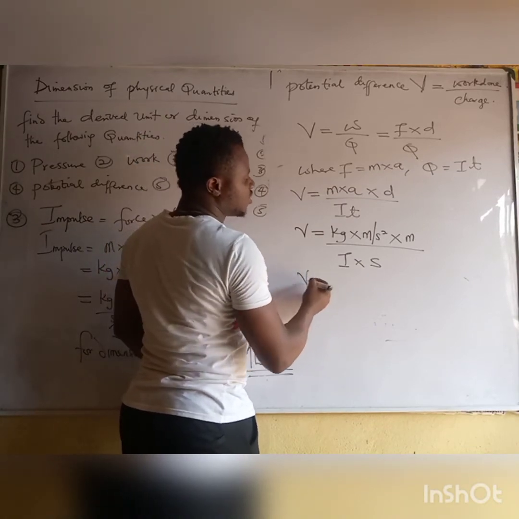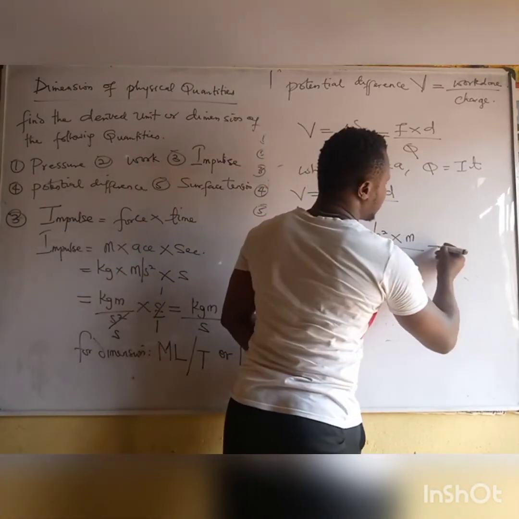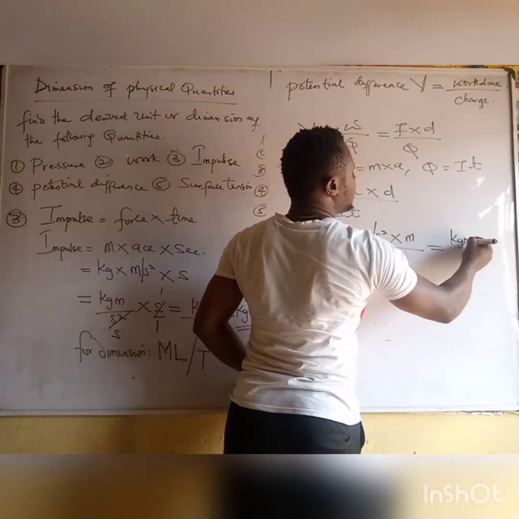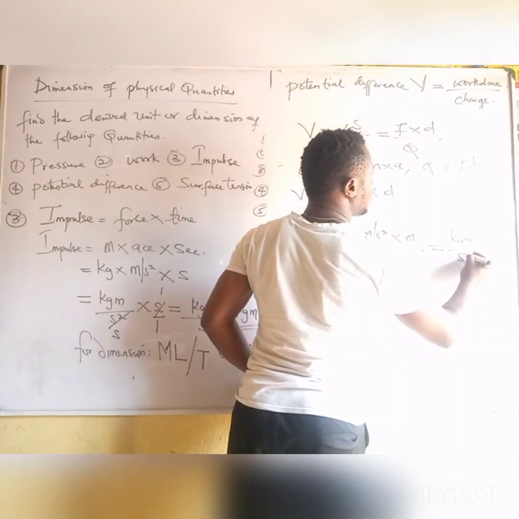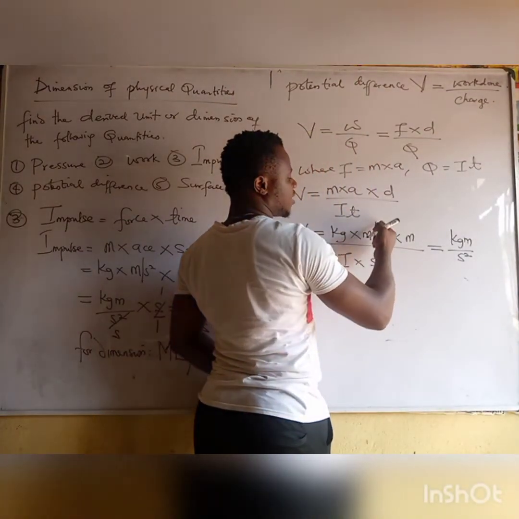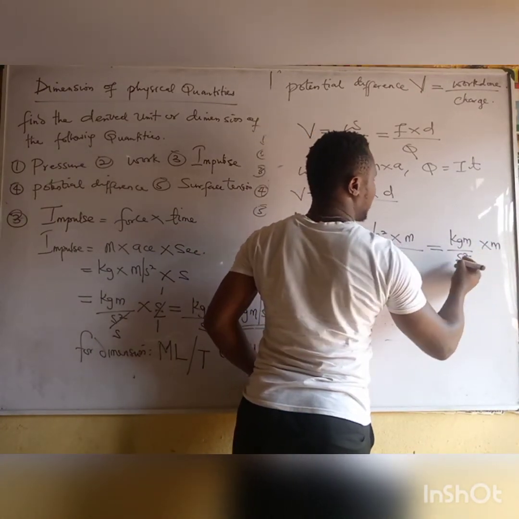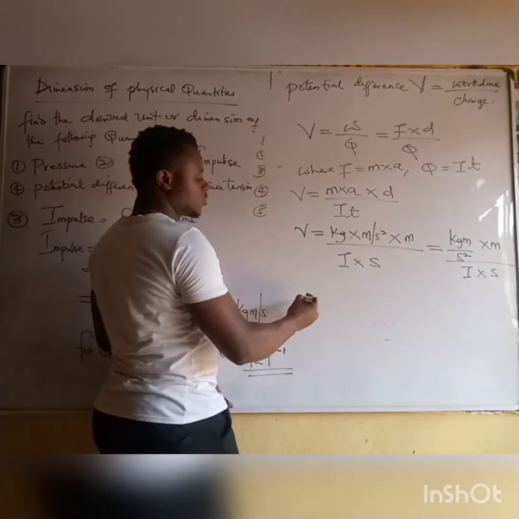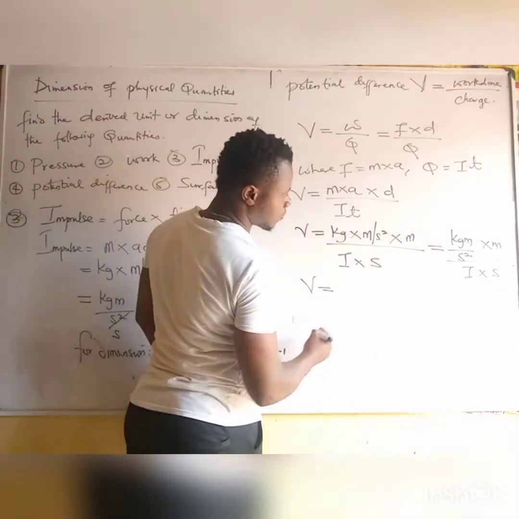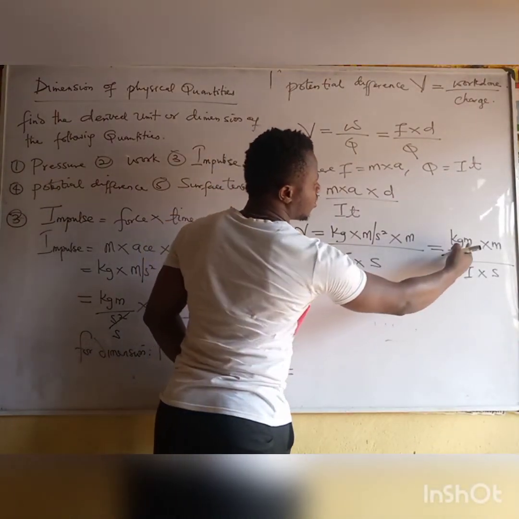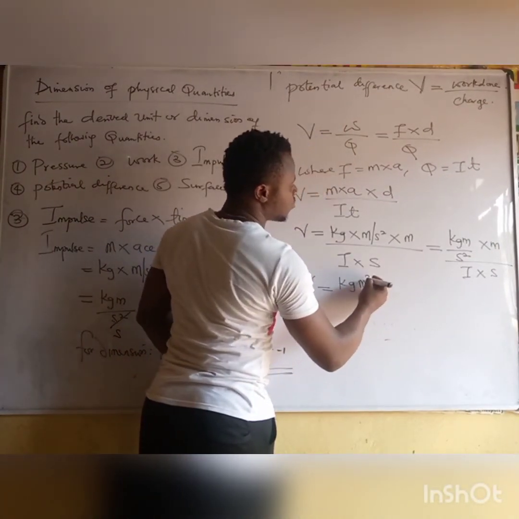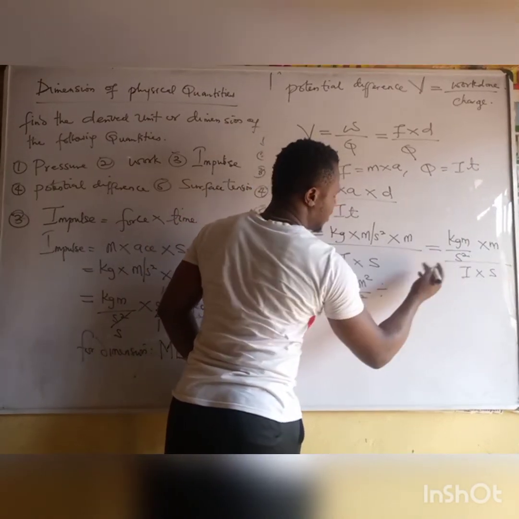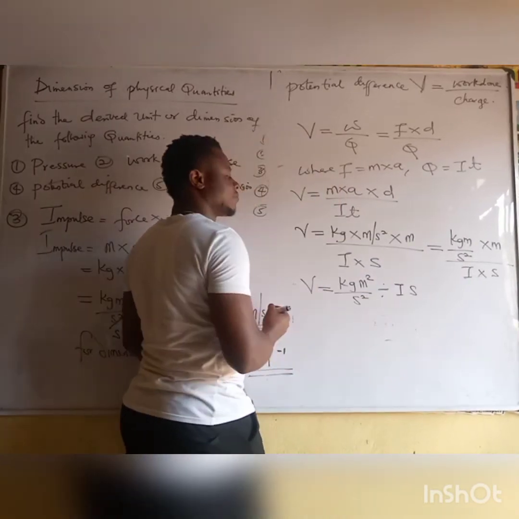So potential difference is equal to kg meter per second square times meter, all divided by current times seconds. So potential difference is equal to kg meter times meter, which is meter square over second square, all divided by IS.